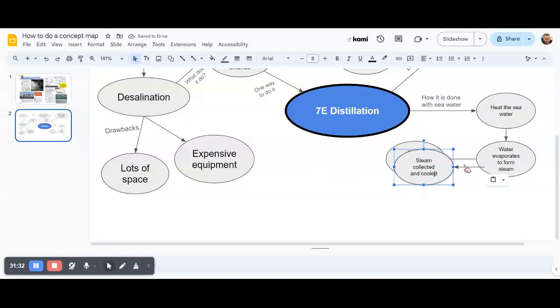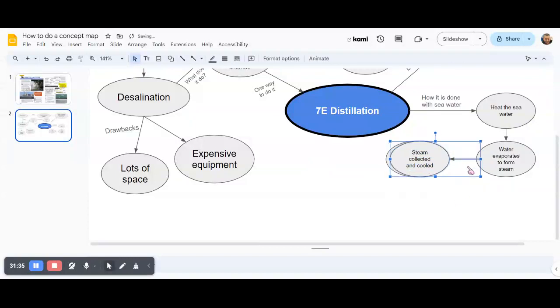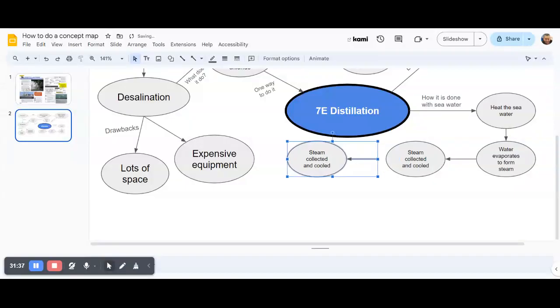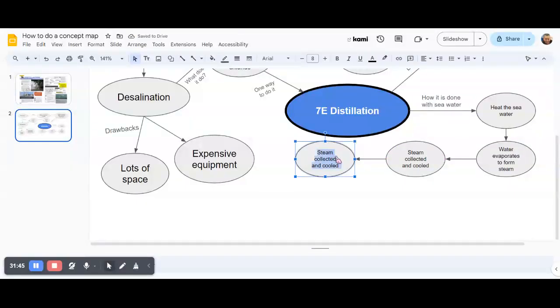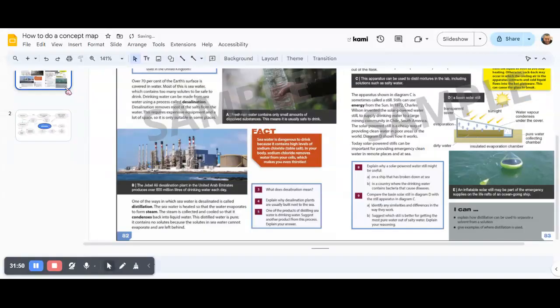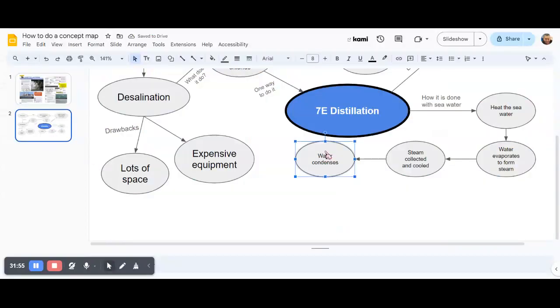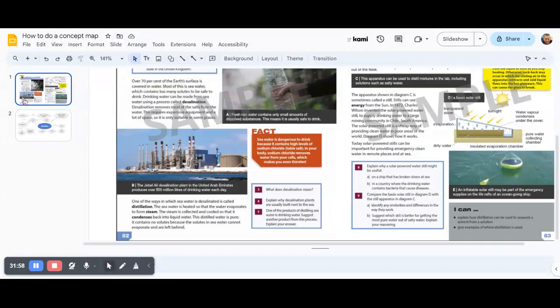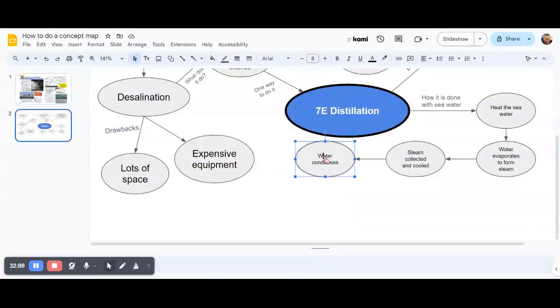And then I can put these two over here and just link that formally there. Water condenses. Okay, so steam is collected and cooled, so it condenses back into liquid water. So steam is collected and cooled, so steam condenses back to liquid water. Okay, there we go. Steam condenses back to liquid water.